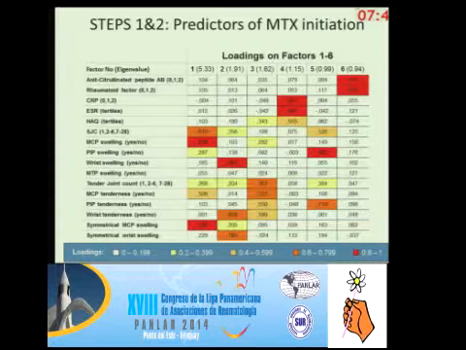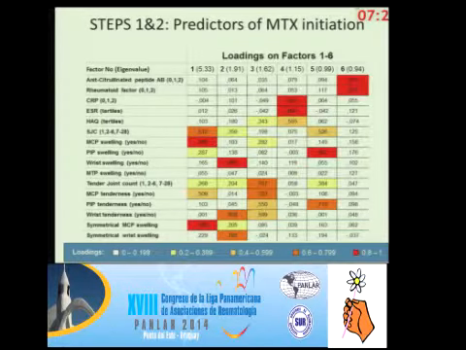You can see when we looked here, we found that several characteristics of patients in terms of predicting methotrexate start go together. You can see there's one factor that has a high load for rheumatoid factor and anti-CCP, so they cover the same theme. It's not very surprising to us.